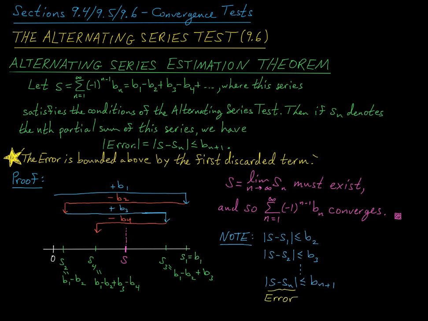So this gap is really the error in this approximation. And this inequality says, and this is what I'm saying here in yellow, that the error is bounded above by the first discarded term. So if I use S3 to approximate this series, so b1 minus b2 plus b3, notice the first discarded term would be this b4. And this result is saying, hey, your error can be no larger than that first discarded term, b sub n plus 1.